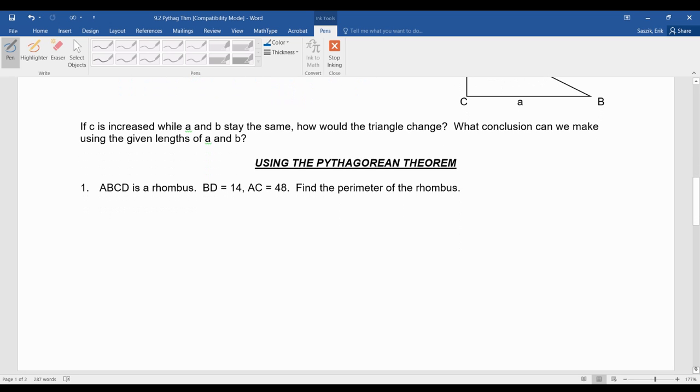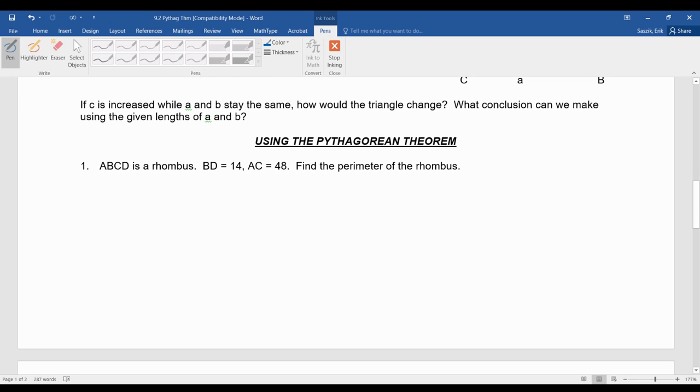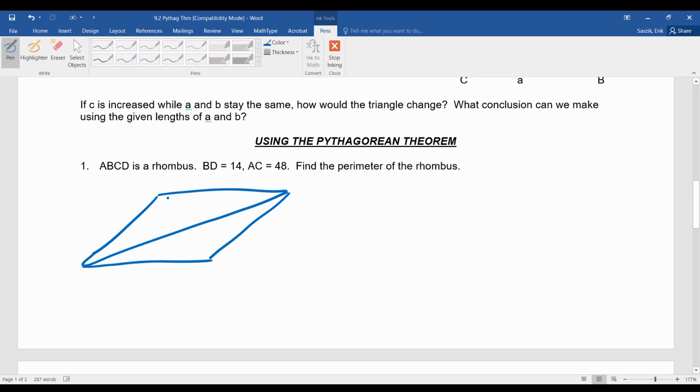I don't know if I'm going to do much for these problems here. Rhombus, this one's really quick. Let's draw a rhombus. You have to remember all your properties. Diagonals are perpendicular bisectors of each other, right? So if I call this A, B, C, D, and BD is 14, that means that's 7. AC is 48, that's 24.